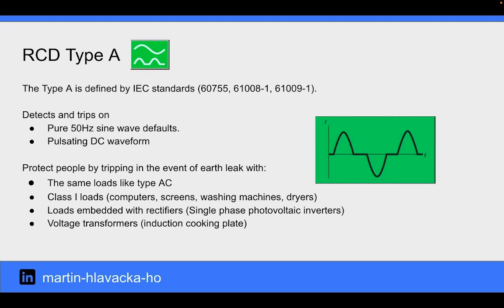Type A RCDs protect people by tripping in the event of an earth leak with the same loads as type AC, plus with class 1 loads like computers, screens, embedded loads with rectifiers like single-phase photovoltaic inverters, and voltage transformers like induction cooking plate, for example.